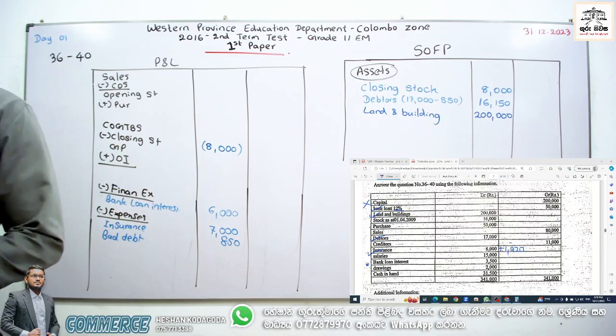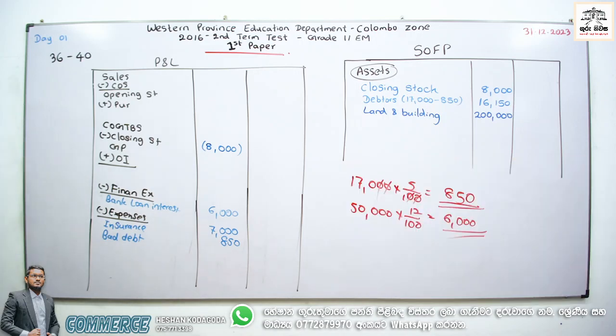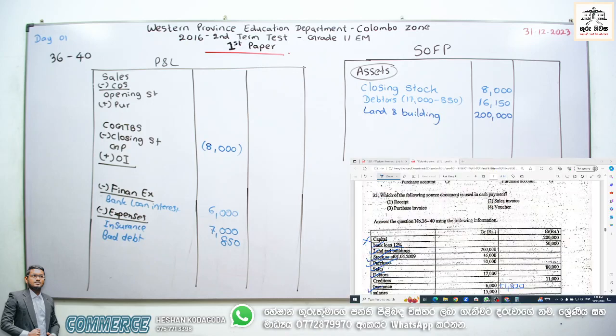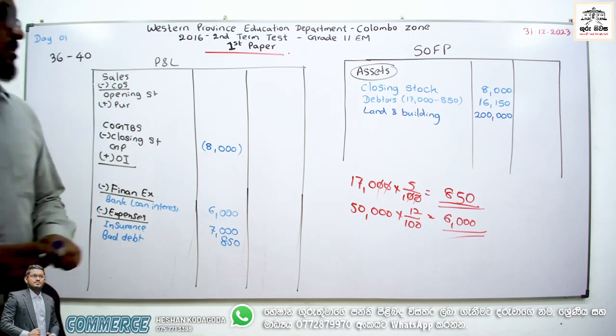Stock as at 1st January 2009. It should be 1st April 2000. Right? This is 16,000. Purchase 50,000, sales 80,000. Write all the things. You can write opening stock 16,000.